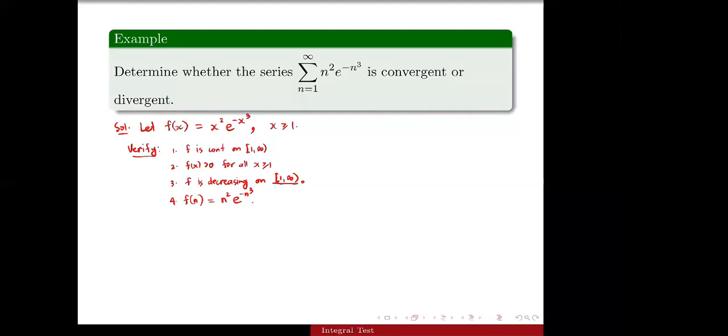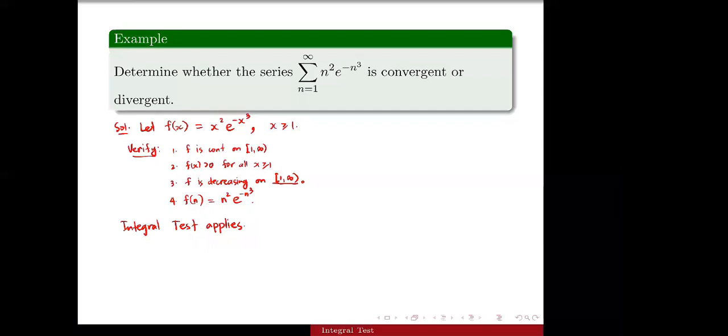After verifying all of these four here, the integral test applies.